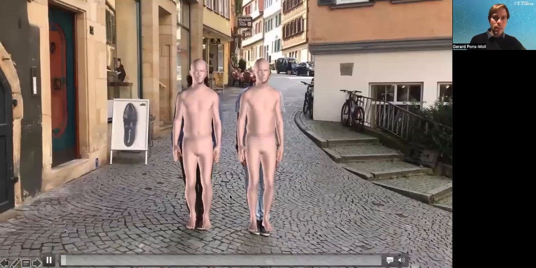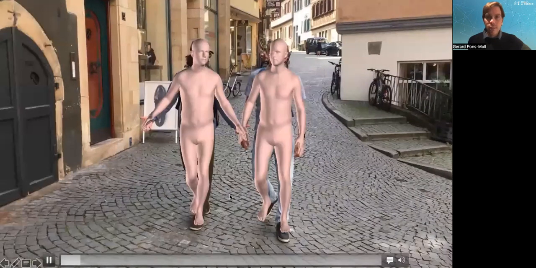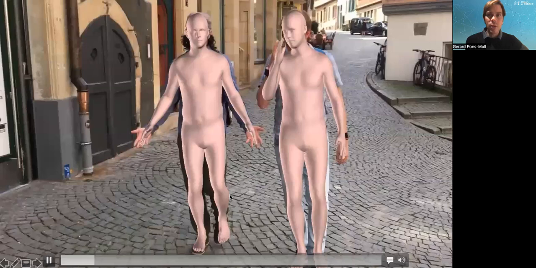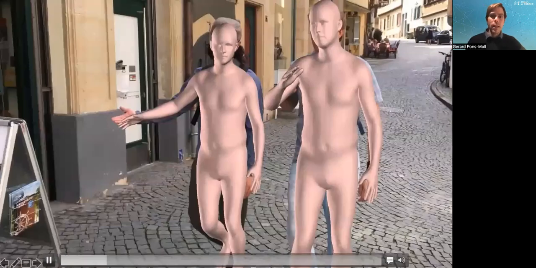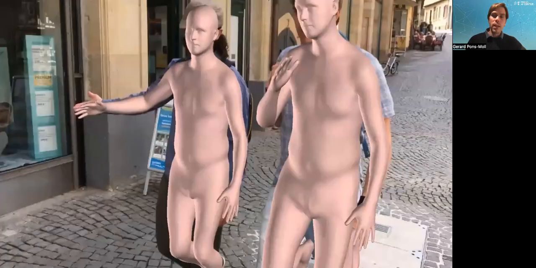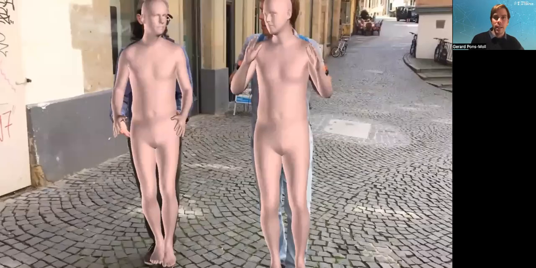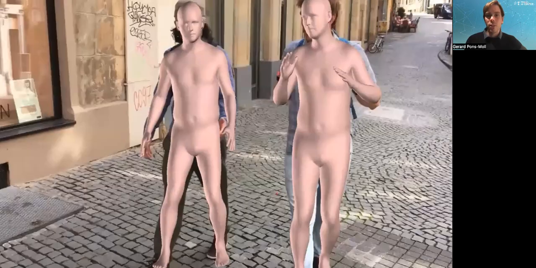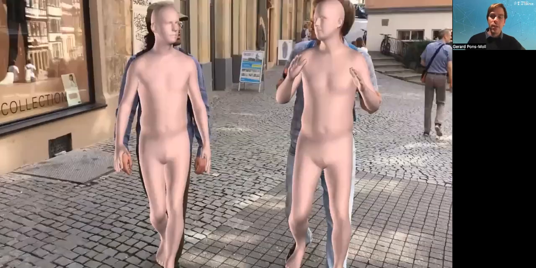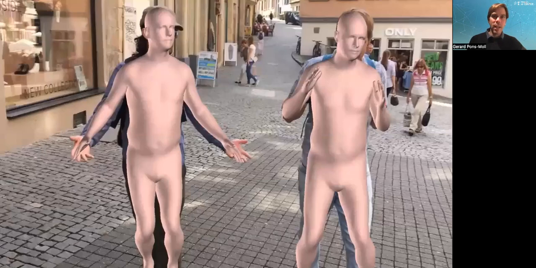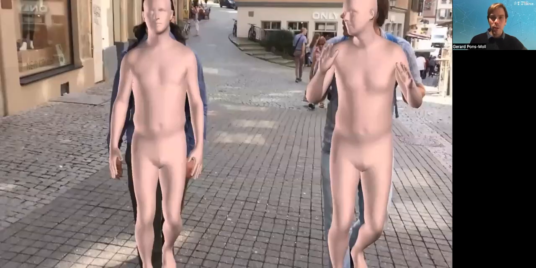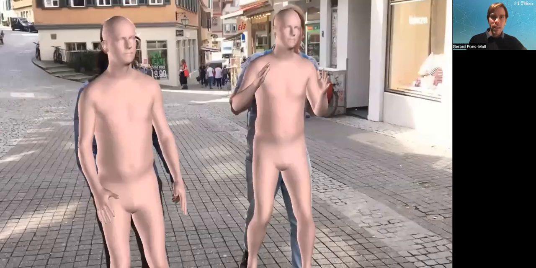All right, so these are some results. These are results on a data set called the 3DPW data set, which we recorded in Tübingen, and now it's one of the main data sets for evaluating methods in the wild. It's in Tübingen, so you can have a look and you will recognize the background.